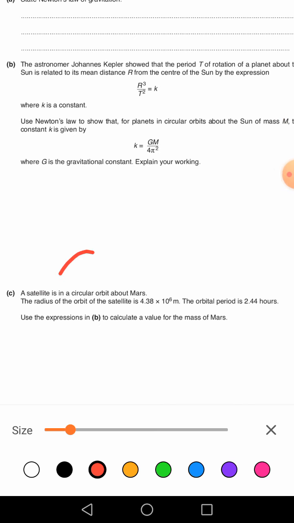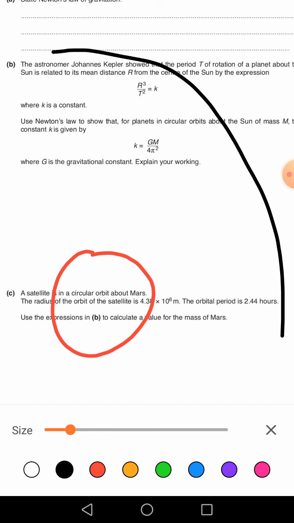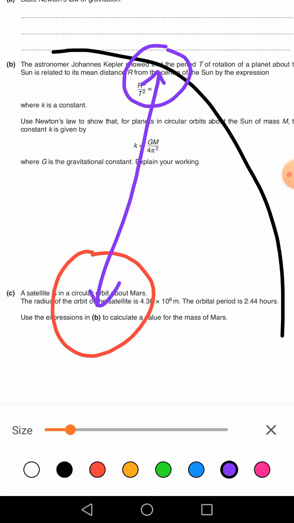So consider this is the sun. This is the orbit of a planet. This is a planet. This is the distance between the center of the sun and the center of the planet, and the time period of the planet's rotation is T.